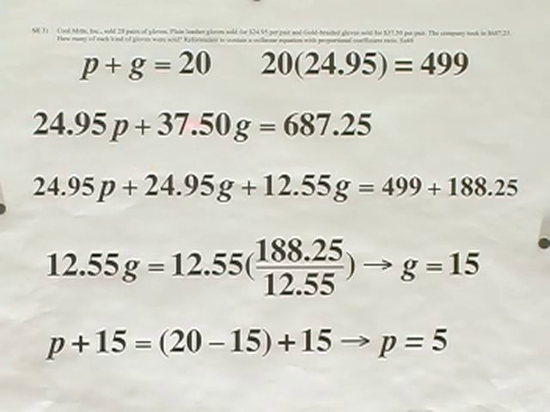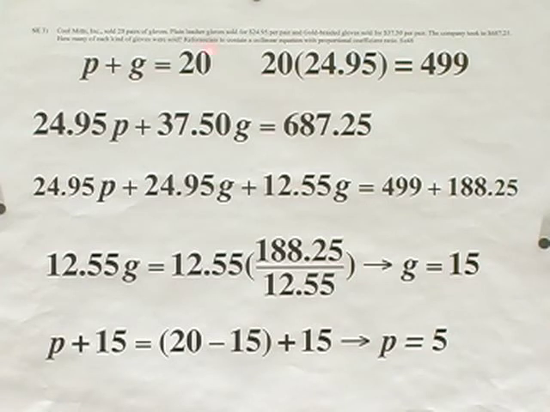I want to make these coefficients equal. So I'm going to write 24.95 P plus 24.95 G, gold. And then to make this 37.50, I'm going to write 12.55 G. This and this adds up to 37.50.